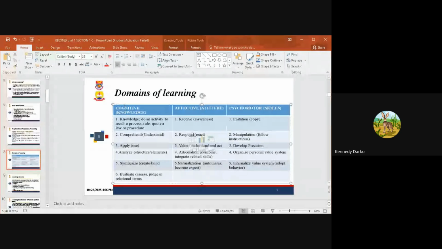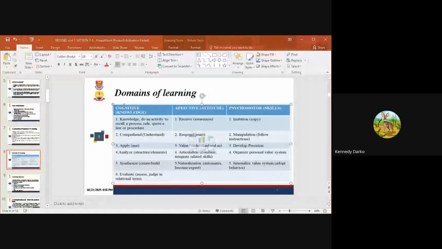You are going to copy what your master or your madam is doing. So that is that. And so affective, you are receiving. The knowledge prepares it, the affective receives it, which becomes awareness of whatever is going to happen. Then after that, you imitate it to see whether you are perfect and that you can do whatever task is given to you.